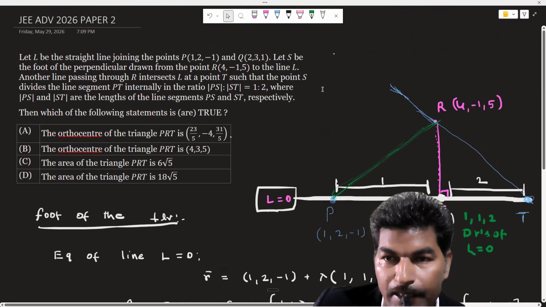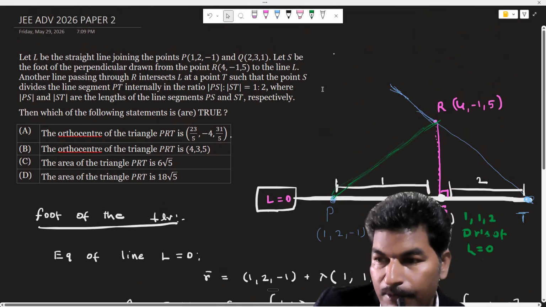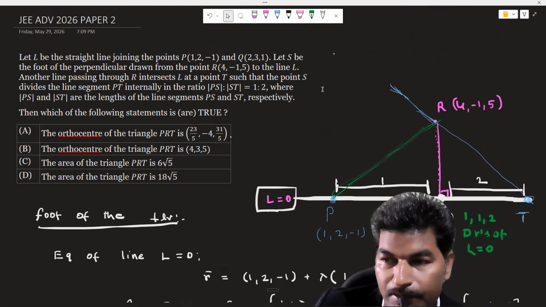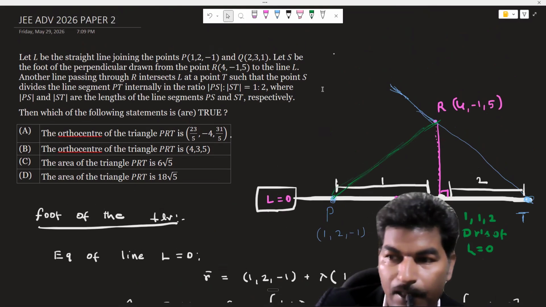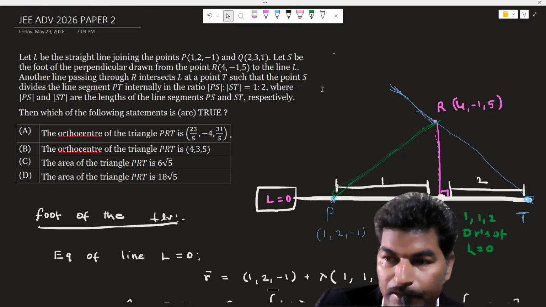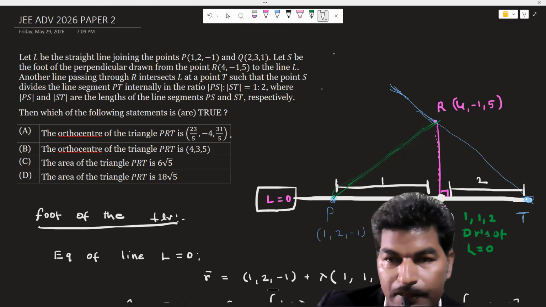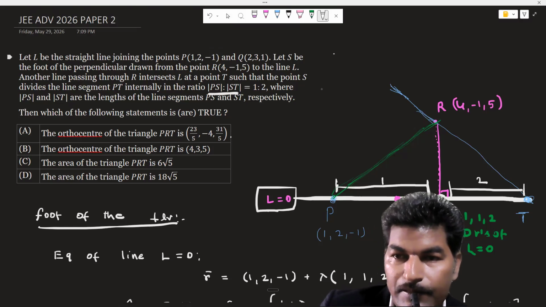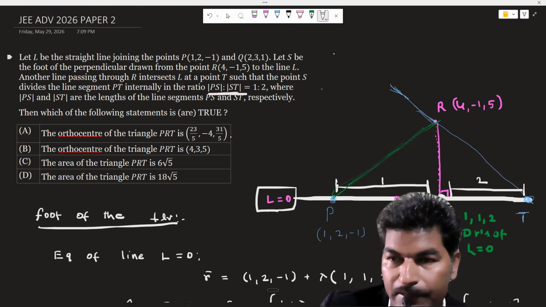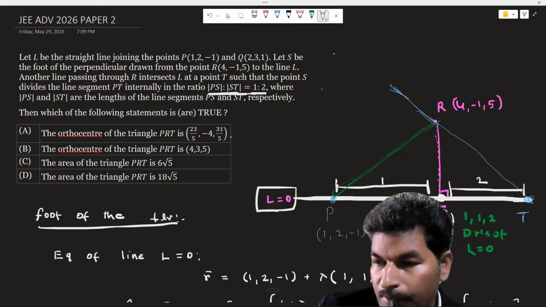Now, according to the scenario, T is a point common to L equal to 0 and a line passing through R. Of course, it is a point of intersection. We can identify the point T using this partition ratio, PS to ST equal to 1:2.